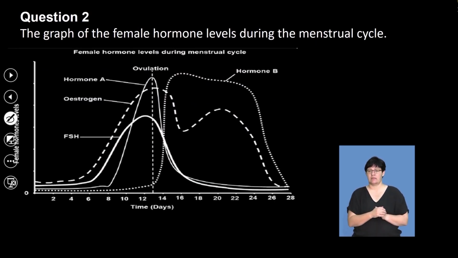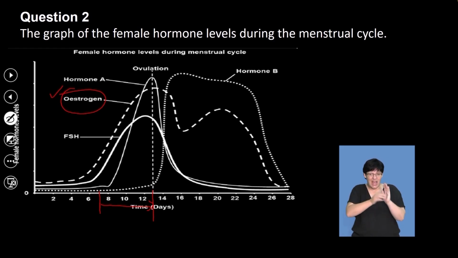So we've got to look at from day 7, which is here, all the way to day 13, and we've got to look at the effect of estrogen. So I've kind of zoned in on the specific parts of the question. So we need to look at estrogen, on the effect of the endometrium between day 7 and day 13. Now guys, the endometrium thickness hasn't been indicated here.